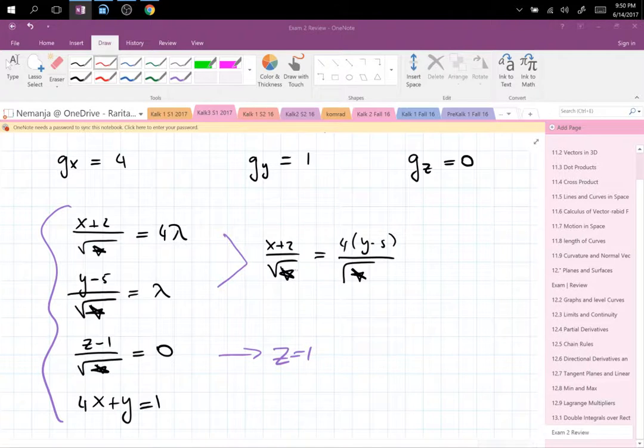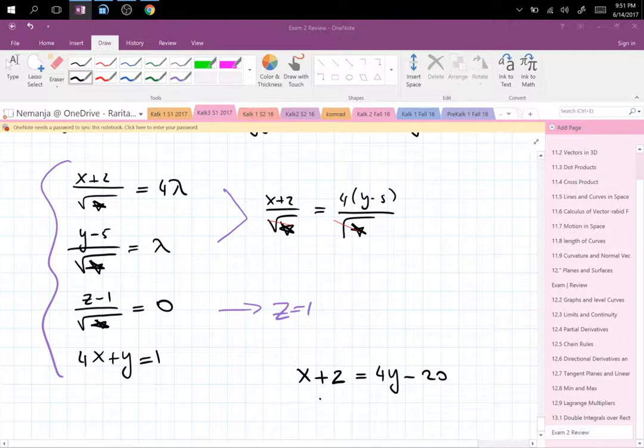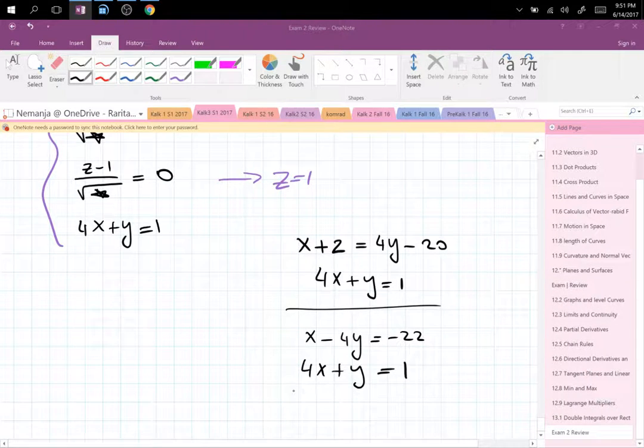So now the square root of a star drops, and you have two equations to worry about. One says x plus 2 is equal to 4y minus 20, and the second equation is 4x plus y equals 1. So x minus 4y is equal to negative 22, and 4x plus y is equal to 1. And that will give you your x and y, and you already have z, and the problem is solved.